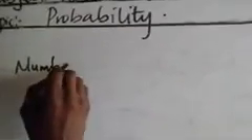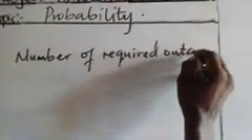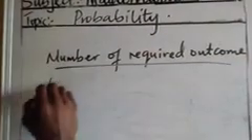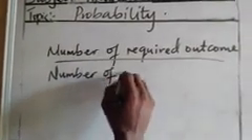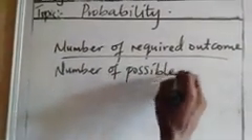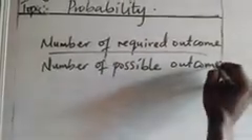The formula is number of required outcome over number of possible or total outcome. So this is the formula for calculating probability. Okay, so let's pick some examples now and start.